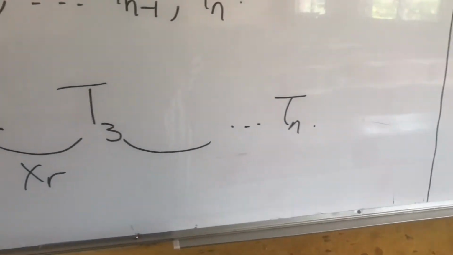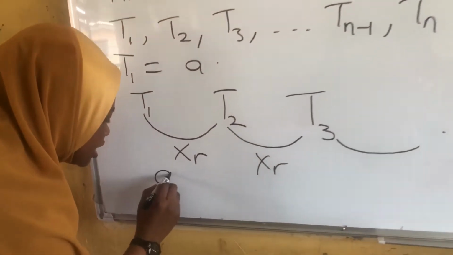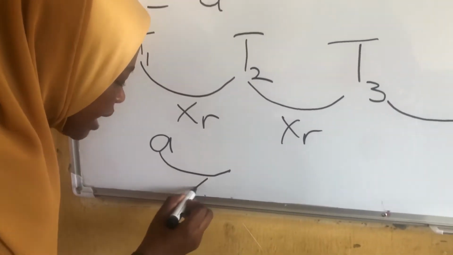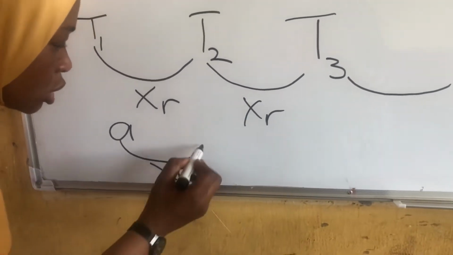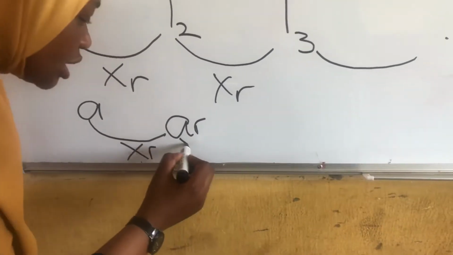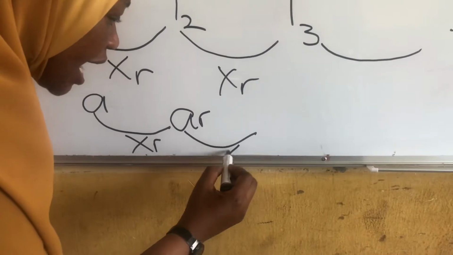So invariably, if a is the first term, to get the second term you multiply by small letter r. So the second term is ar. To get the third term, you multiply by r again.